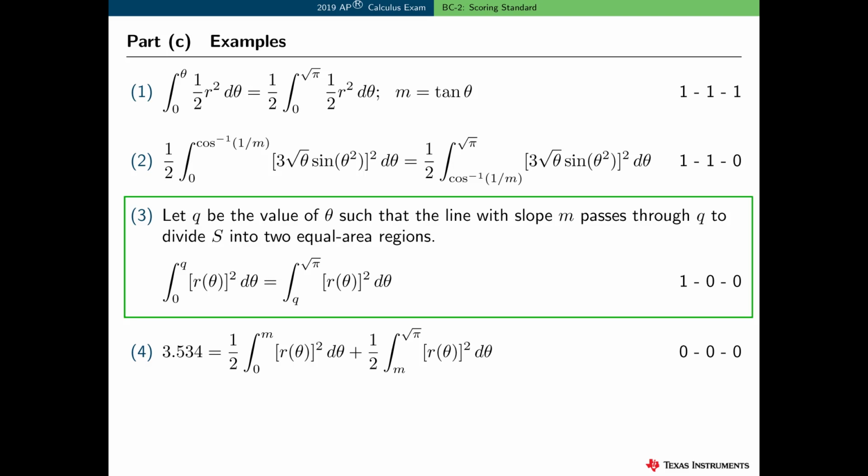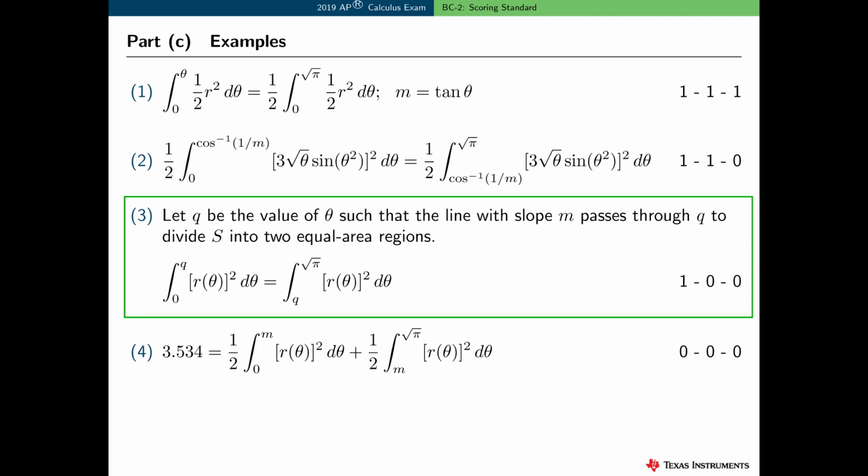Example 3 was actually a common student response. Here, the student defines the value q, but not appropriately. So there is at least one polar area integral. There is no evidence of an inverse trig function, and therefore they are not eligible for the third point.